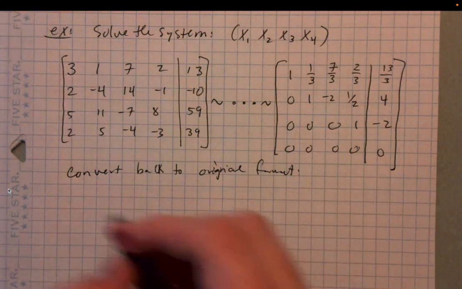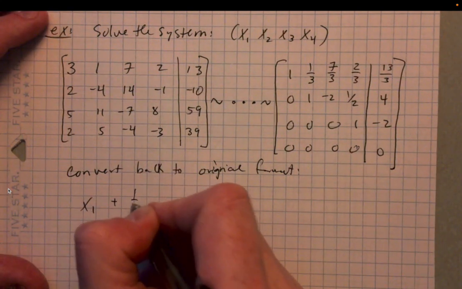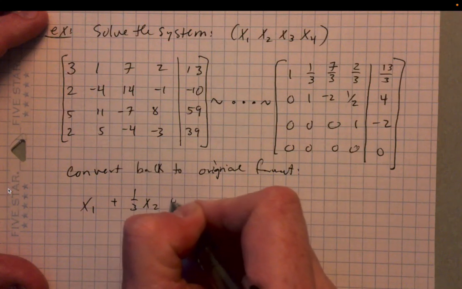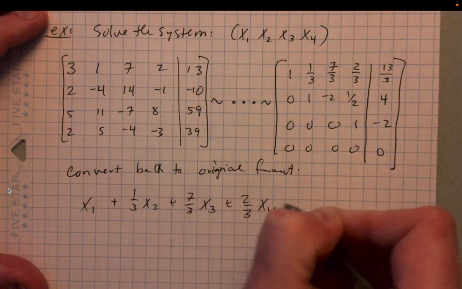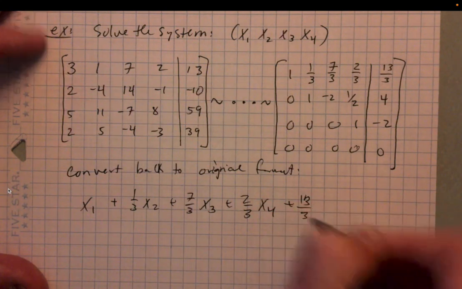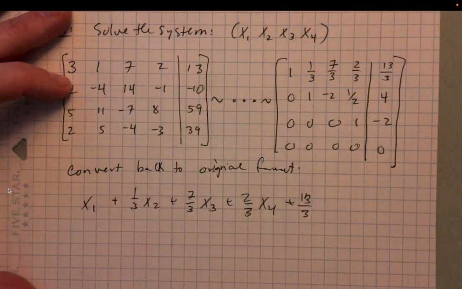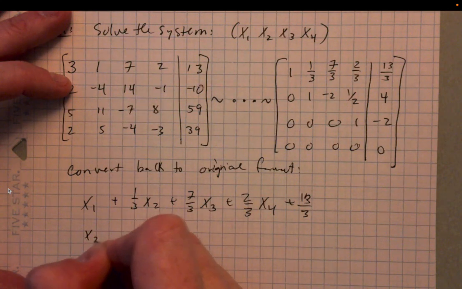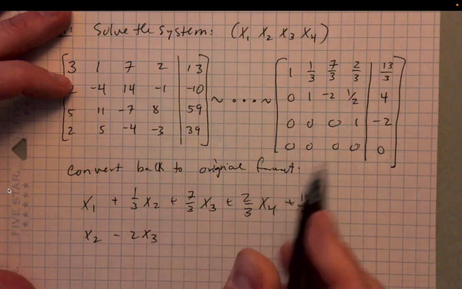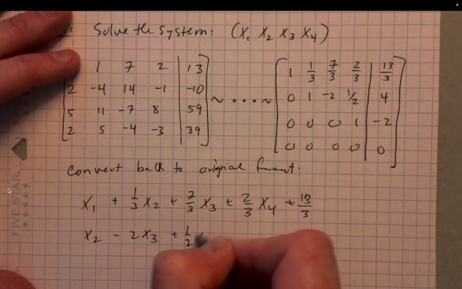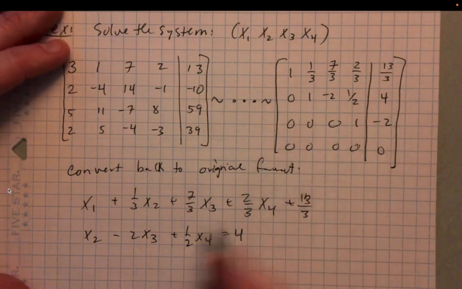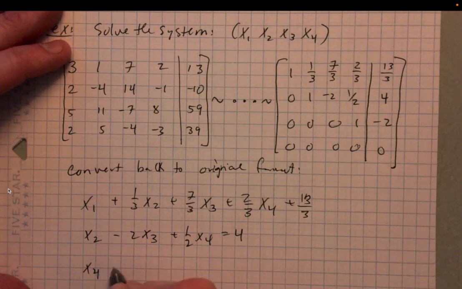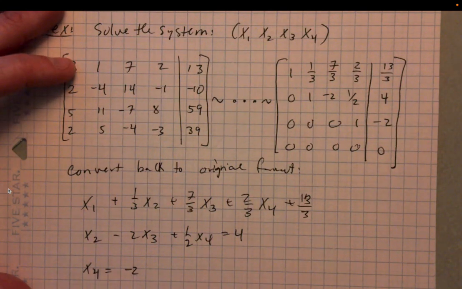We've got x1 plus 1/3 x2 plus 7/3 x3 plus 2/3 x4 equals 13/3. Then I've got x2 minus 2x3 plus 1/2 x4 equals 4. And this last one, I've just got x4 equals -2, and then 0 equals 0.